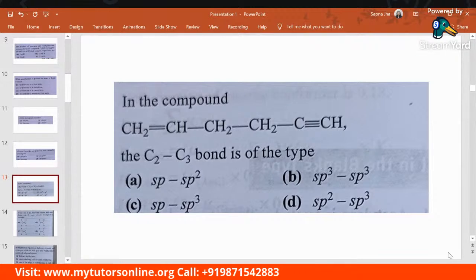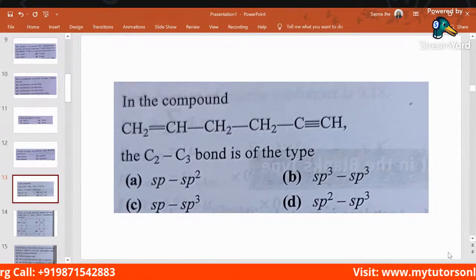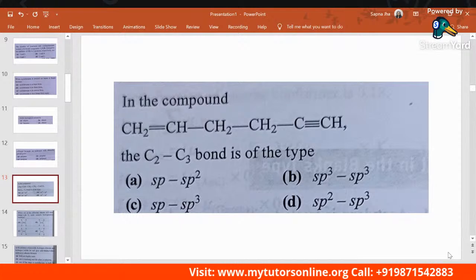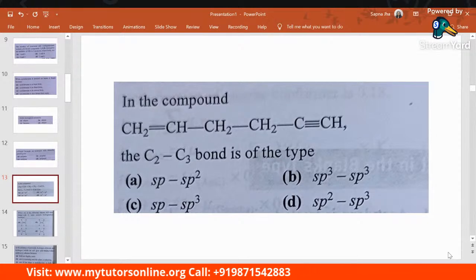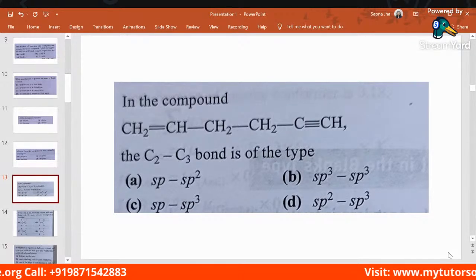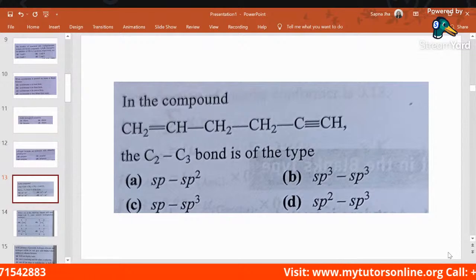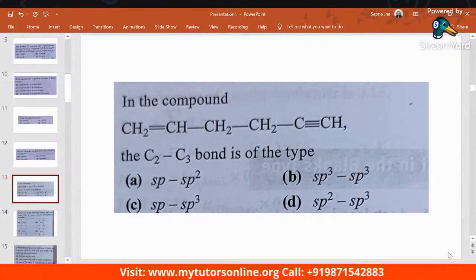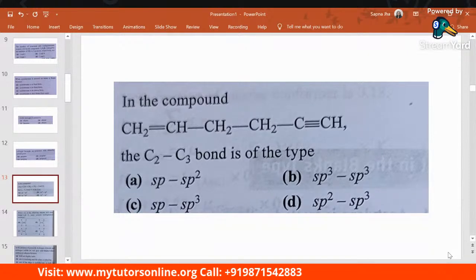So the C2-C3 bond is of which type? Wow, very good. Others also try fast because the fastness is the major criteria for BITS Pilani.